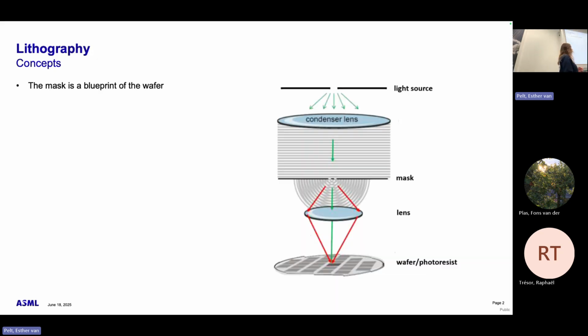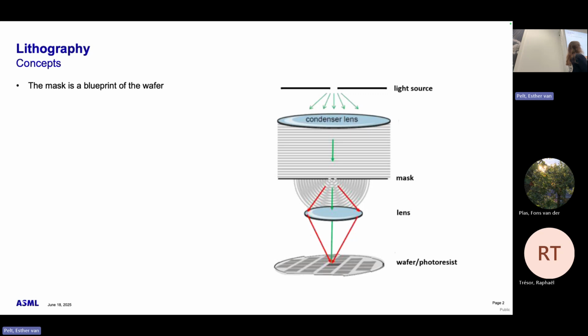And first, a quick background on what lithography actually is. What we do in ASML, we print chips. We make chip machines basically to produce chips that have a certain pattern. That's done via a light source that emits light, which is then condensed by a series of lenses, passed through a mask to produce a certain pattern, is focused again, and then is cast upon a wafer or photoresist.